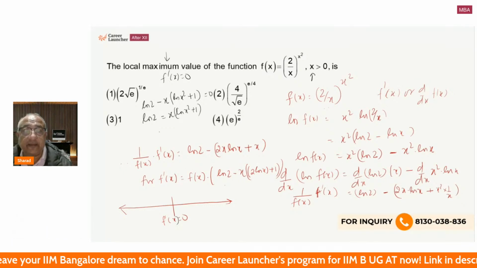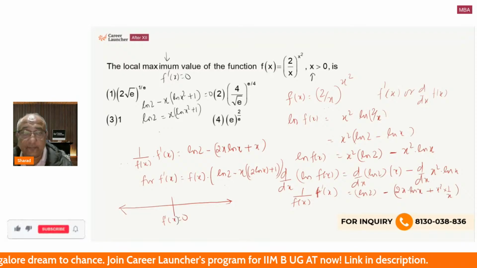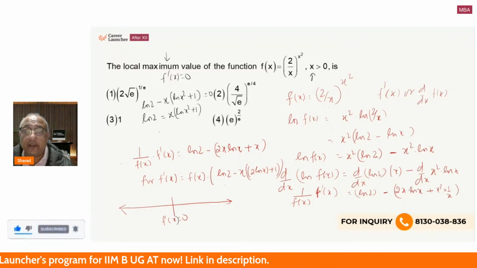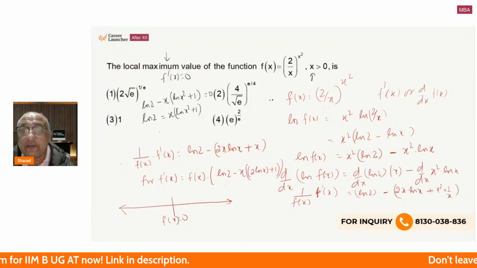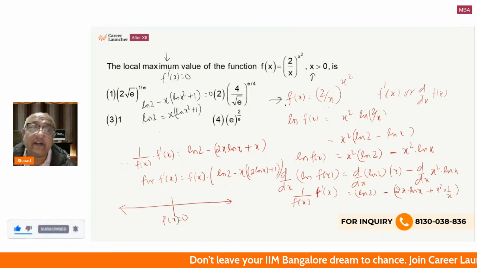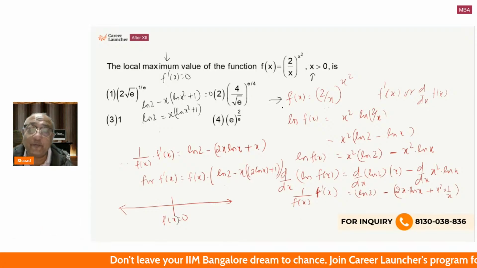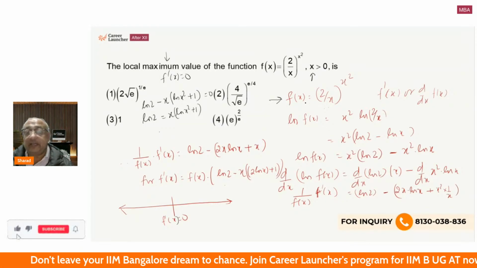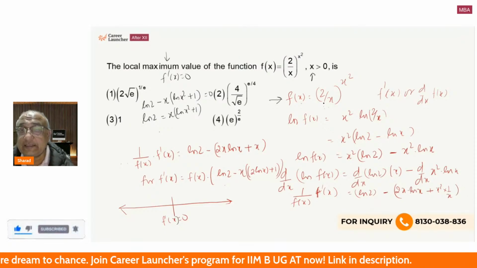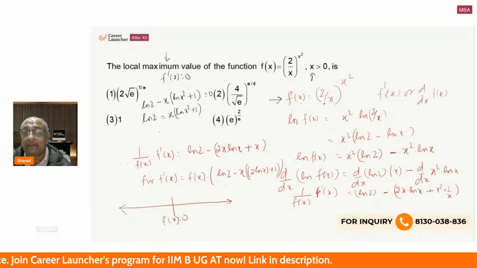So just give yourself a second and just note it down. What are the steps? I will start with f(x). This is the last question we're doing in this class, because this is the last application of derivative, the local maximum value. How do we find it out? Okay, so let us revise. f(x) is equal to this value, (2 by x) raised to the power x square, right?